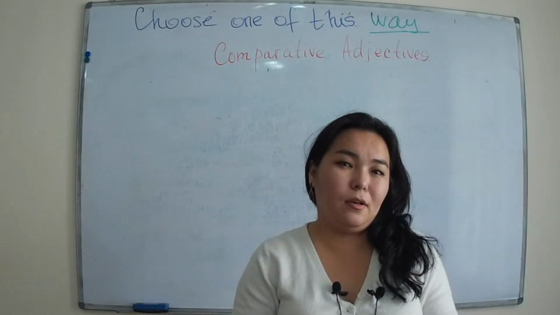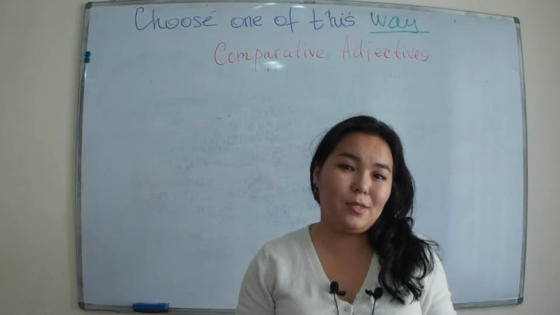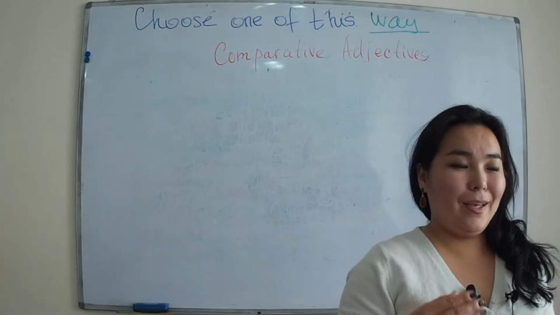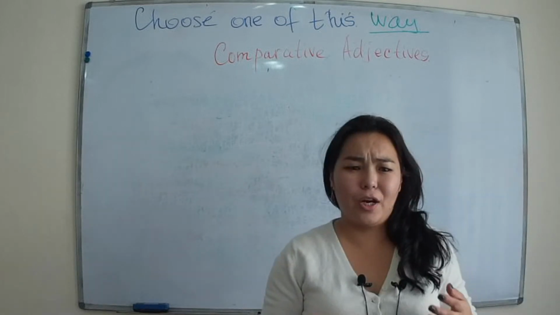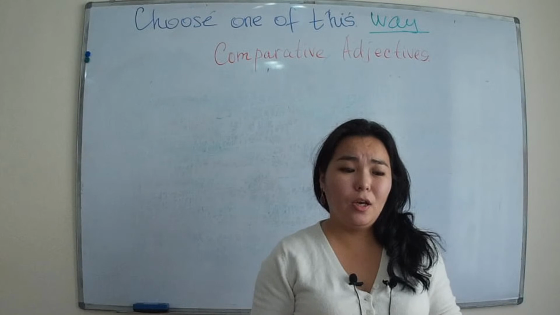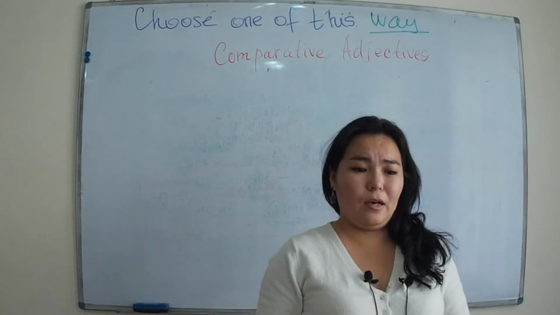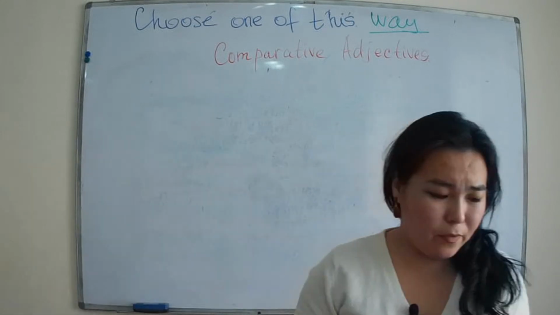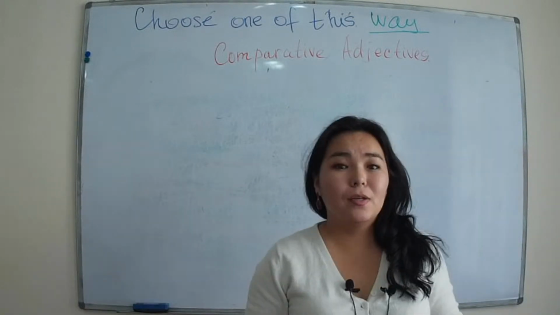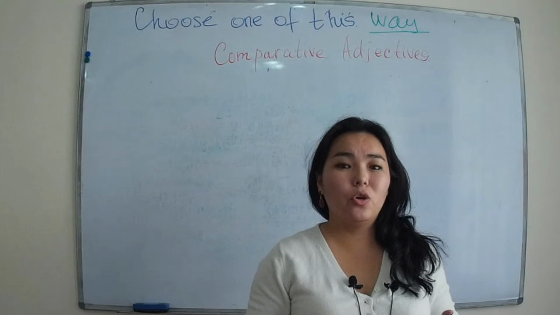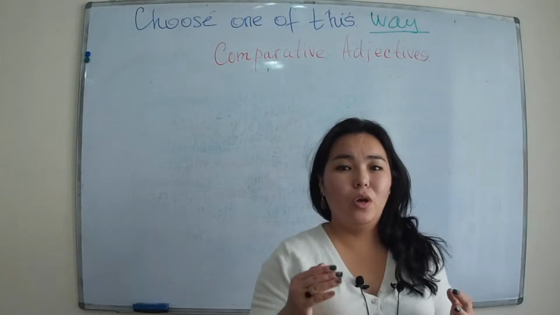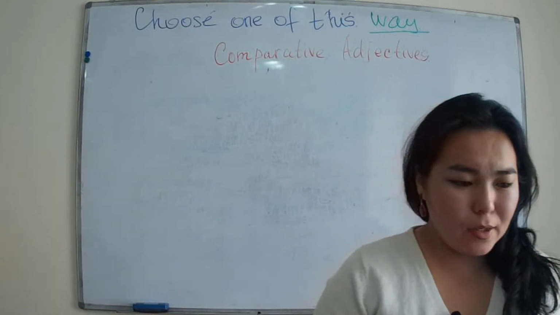Because of these words, they enlarge their vocabulary, they color their language, they color the dialogue, they color their speech. So it will be very wonderful if you use different adjectives in your speech. You will color your speech.